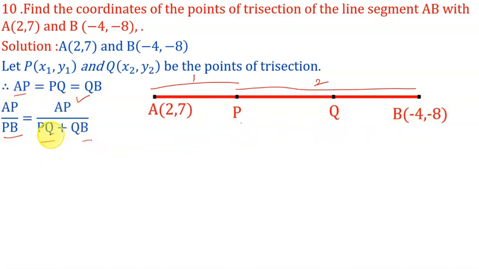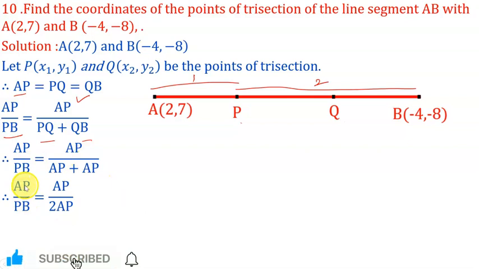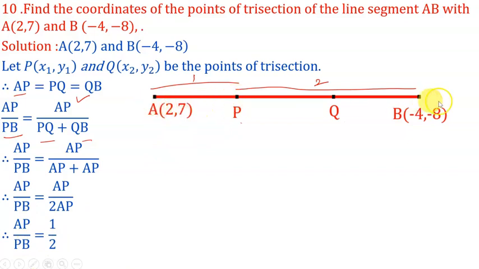Therefore, AP upon AP plus AP means what? AP upon 2 times AP. AP will get cancelled. It means that AP upon PB is equal to AP upon 2 times AP. AP gets cancelled. Therefore, AP upon PB is equal to 1 upon 2. Means what? This point P divides segment AB in the ratio 1:2.